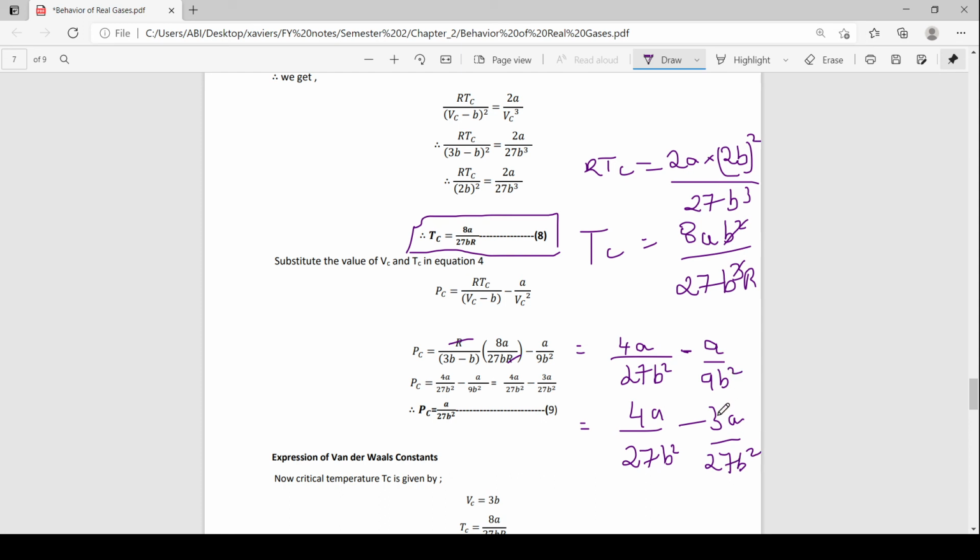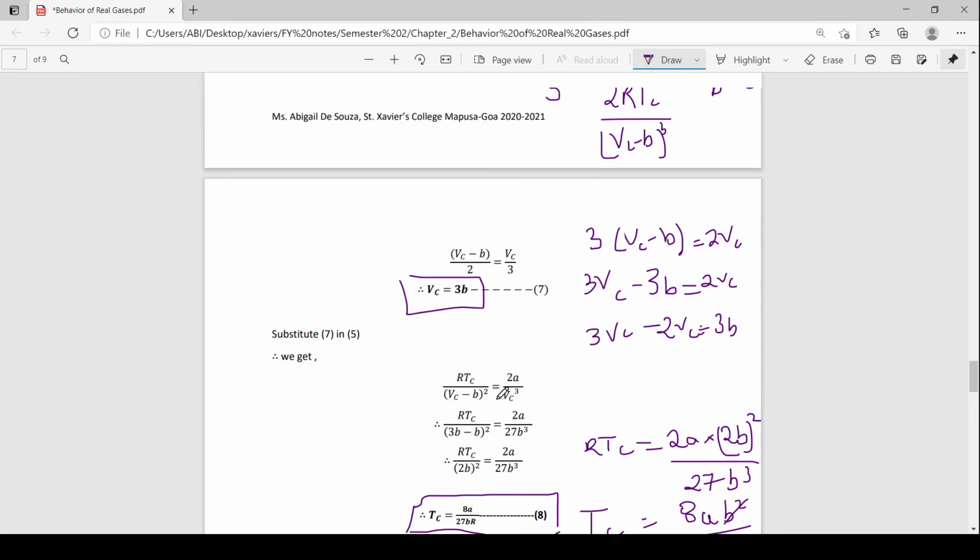This and this mean the same. Actually, if I cancel this, I'll get again A upon 9B square, just to equate the denominator. So 4A minus 3A will give me A divided by 27B square. So here I have got my value of PC as well, which is my critical pressure.